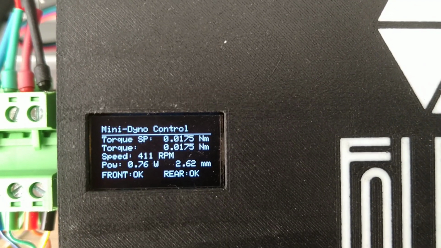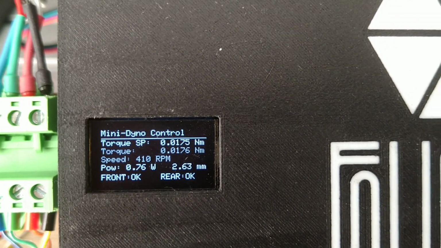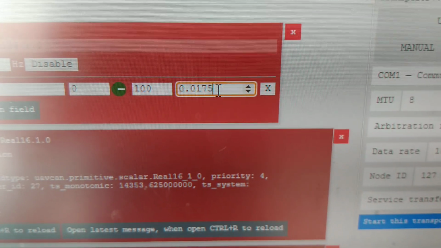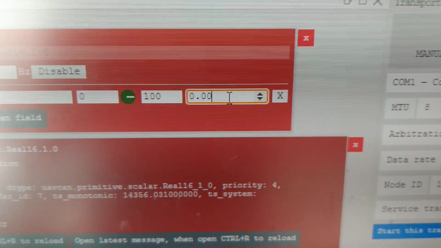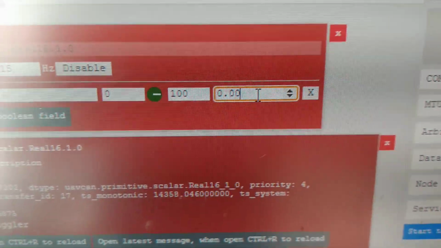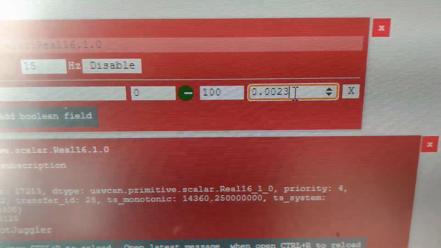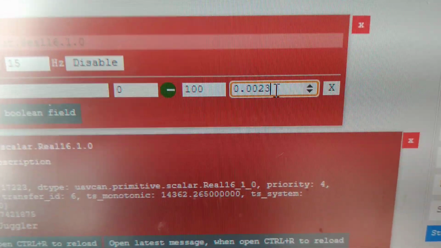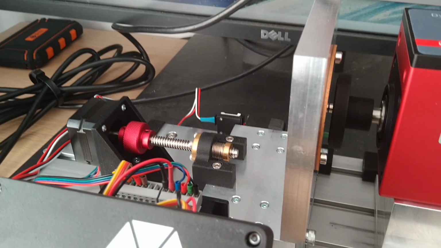And let's try some extreme step input. So we're going to reduce the set point substantially down to say 0.003, so it means 3 millinewton meters, and 1, 2, 3, go.